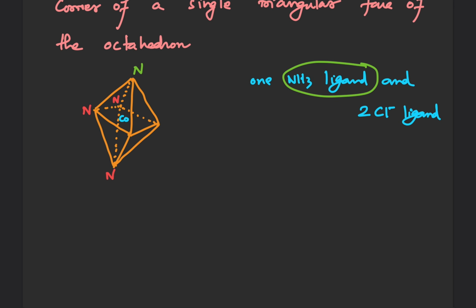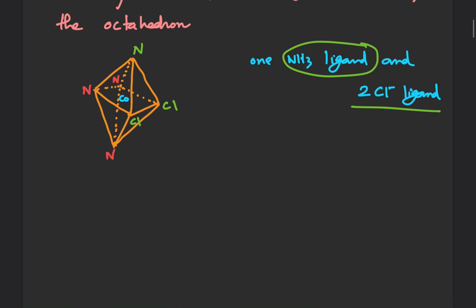I will keep the NH3, or N, at the top vertex, and the 2 Cl minus ligands at the remaining two vertices, one here and the other one here. Giving these vertex numbers will help us understand which face I am talking about. So let's say this is 1, 2, 3, 4, 5, and 6.